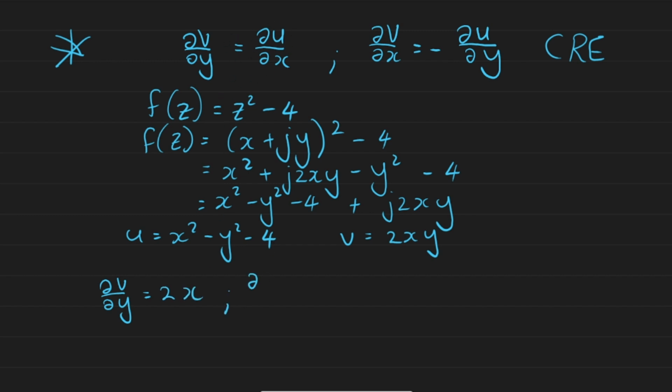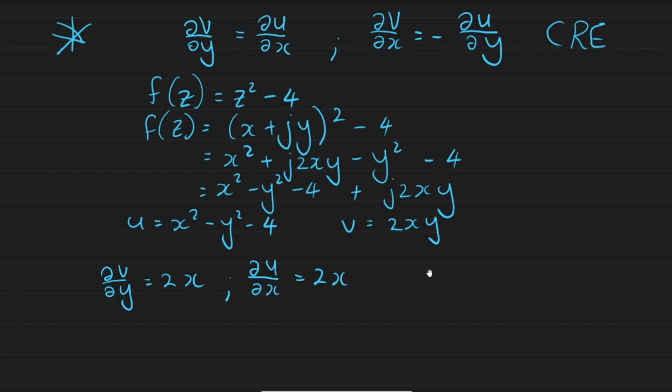So let's compute ∂u/∂x. That's just equal to 2x as well. Remember that this y squared and this 4 are constants since we're taking a partial derivative. And lo and behold, they are equal. We can check the same with the other as well. We can take ∂v/∂x, which is equal to 2y. We can easily see that.